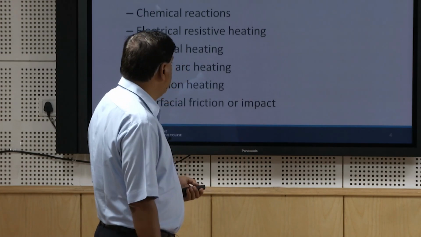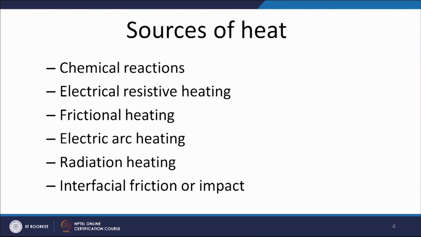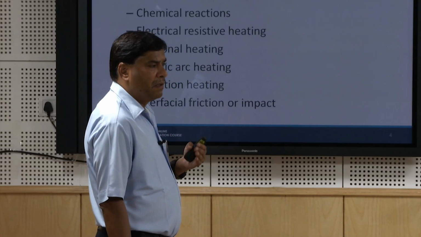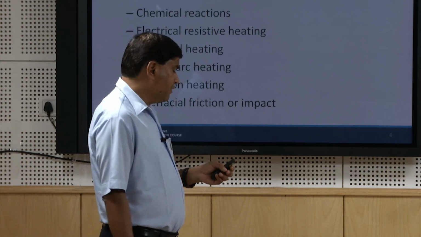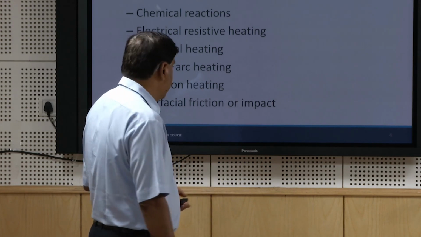And radiation heating uses the electron beam or the laser beam, which are focused over a small area, and the material is activated through the impact of these radiations to produce the heat, which helps in melting as well as evaporation of the material. But for joining purposes, mainly the melting is achieved.